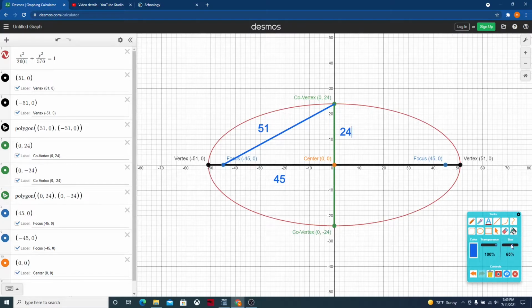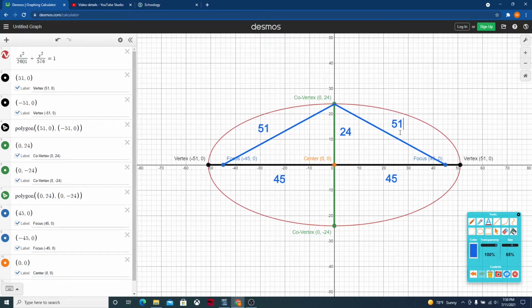Now, we can draw a second line from that co-vertex down to the other focus. And just like before, the horizontal leg is going to have a length of 45. And the hypotenuse is going to have a distance of 51.